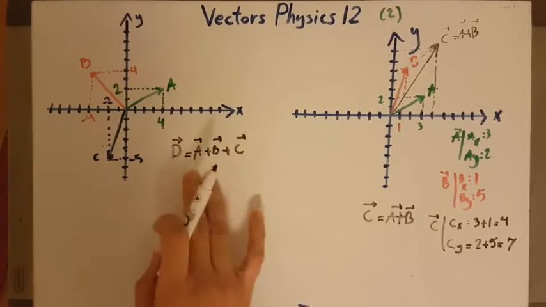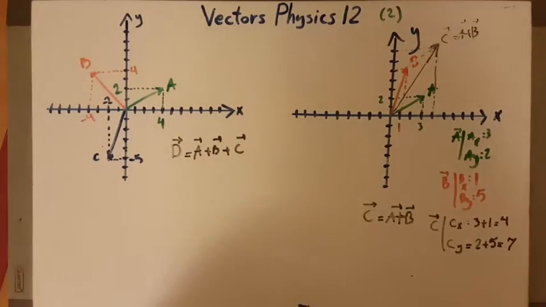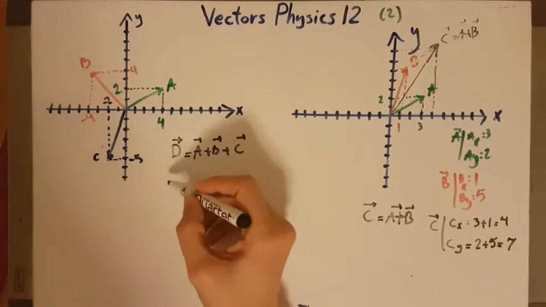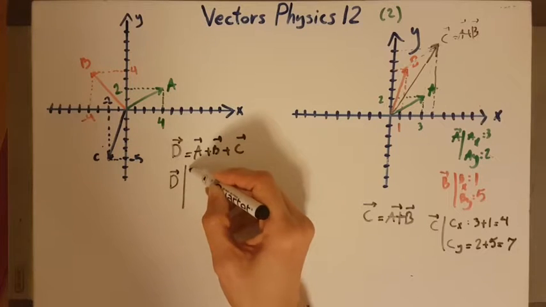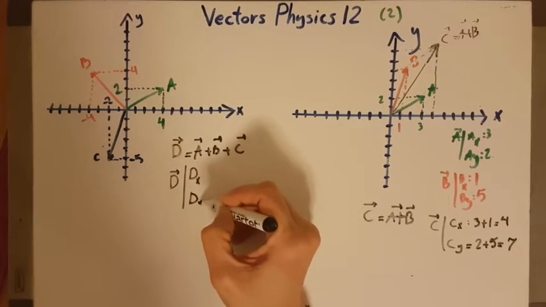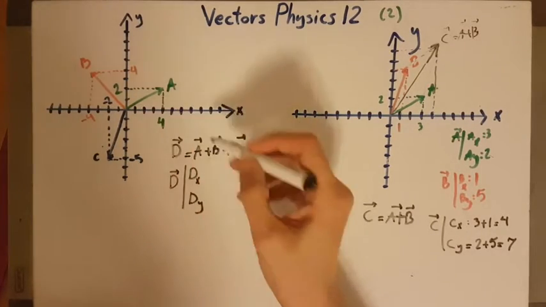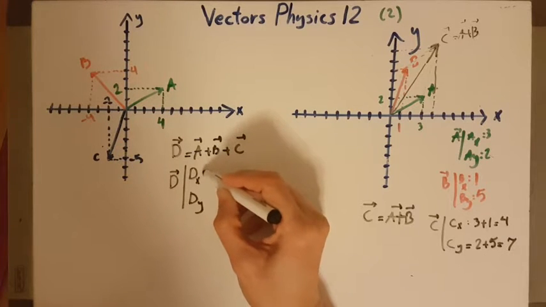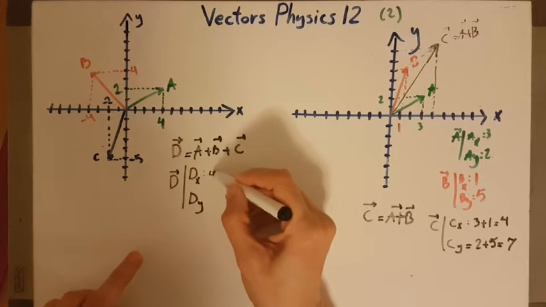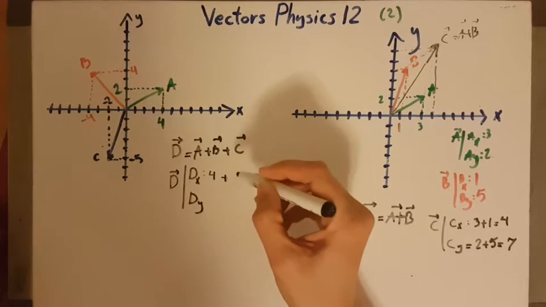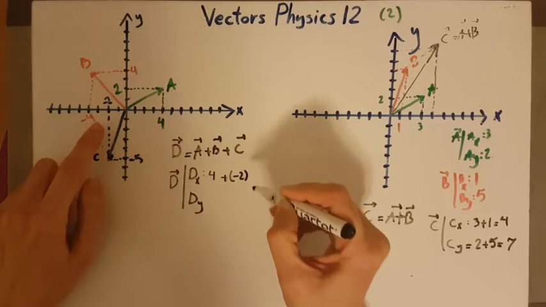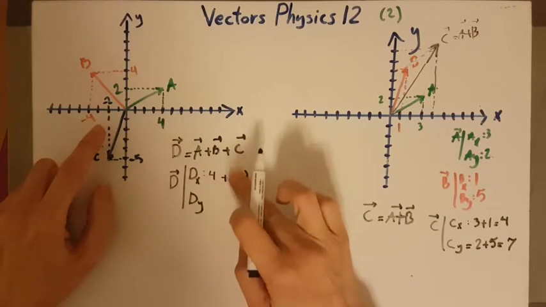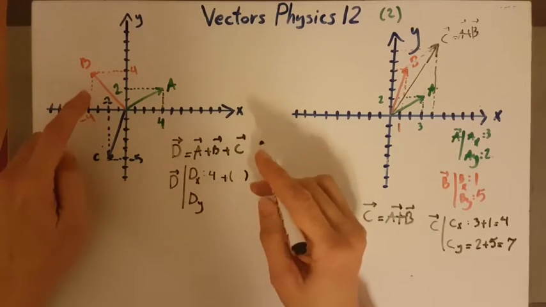I can change the order, it doesn't make a difference as long as I put my numbers correctly. For example, this is the dx and this is the dy. The x's must be added together, which in this case is 4 plus negative 2. Actually, it doesn't matter really, but let's put the c first.